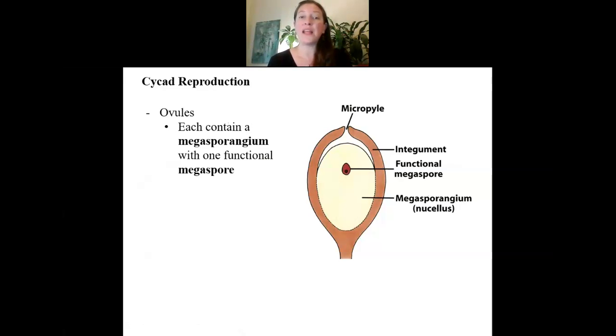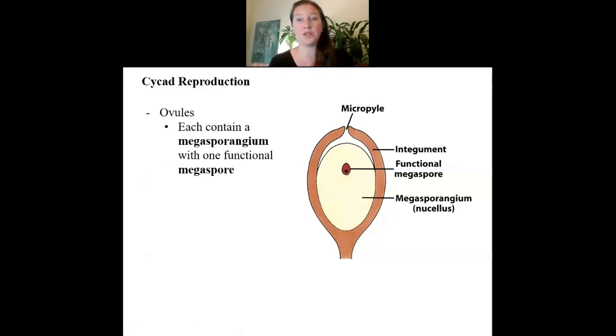And inside of that ovule is the megasporangium. So we talked last time about how in Selaginella, for example, we had two types of spores. We had the microspore and the megaspore. Microspore carried the male gametophyte inside. Megaspore carried the female gametophyte inside. And so we can talk about the sporangia that they come from with those same prefixes.